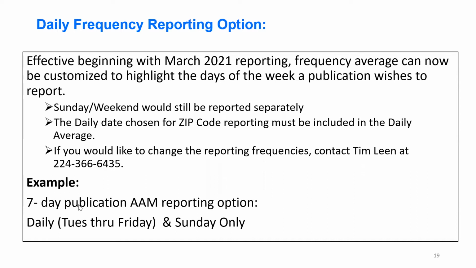We have a 7-day publication, and in this 7-day publication, their Monday and Saturday distribution is really low, so they prefer not to report it. They're going to customize their daily frequency for reporting purposes for AAM to be Tuesday through Friday and then Sunday. So this is a change. You are now able to customize your daily frequency if you so choose.